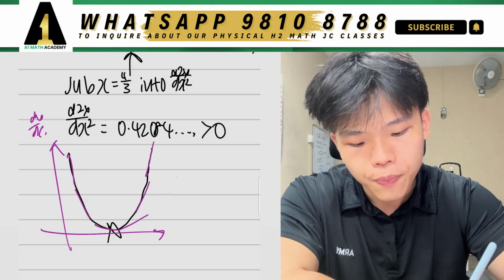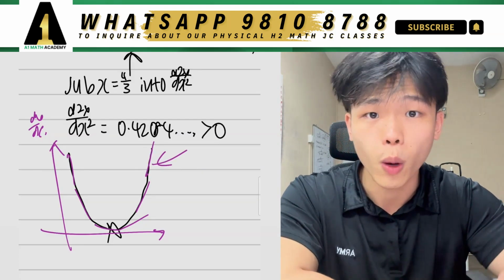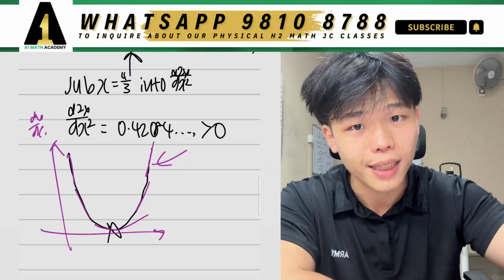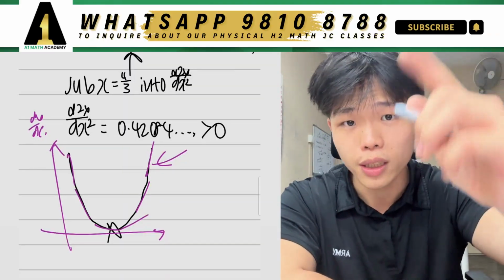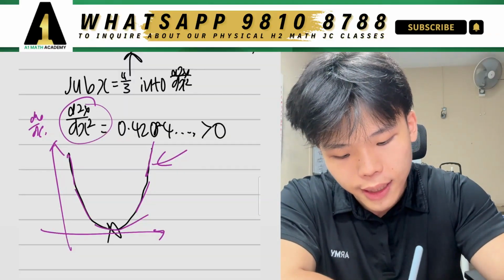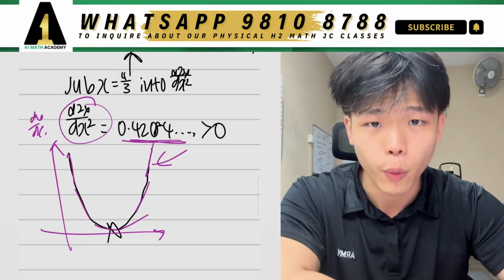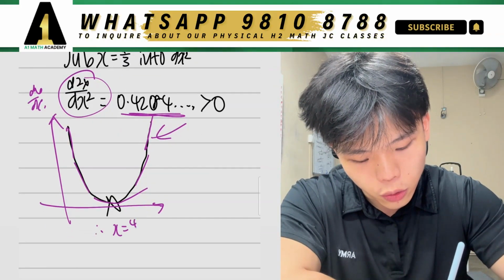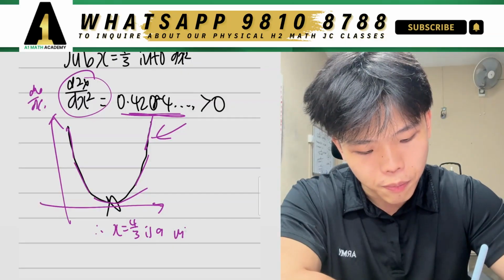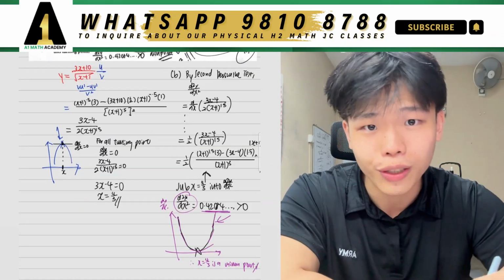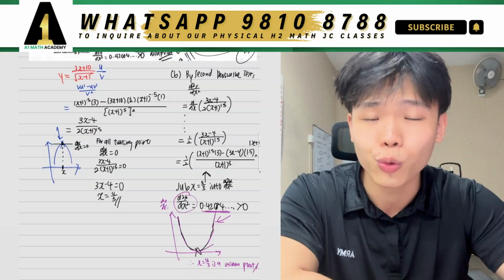And we can see that the gradient of the dy/dx graph is increasing, which means that the gradient of dy/dx is going upwards, which is a positive gradient. And therefore, d²y/dx² should be positive as well for a minimum point. And therefore, we can conclude that x equals 4/3 is a minimum point. And that's the final answer to this question that came out for the 2025 paper 1 H2 A level math.